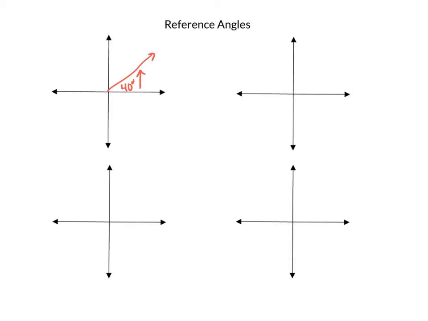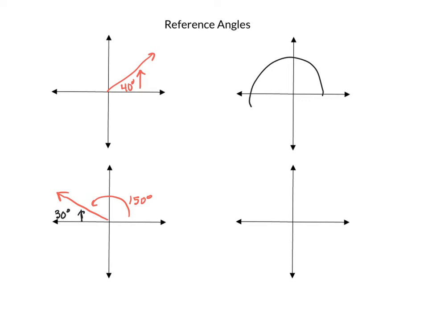Going down here, if I have an angle like we had earlier of 150 degrees, the important thing there is the reference angle. The reference angle, again, is always between the x-axis and the terminal side. So right here is the reference angle. The reference angle would be 30 degrees.